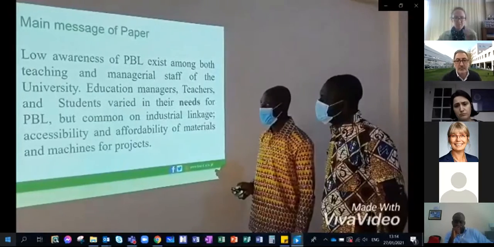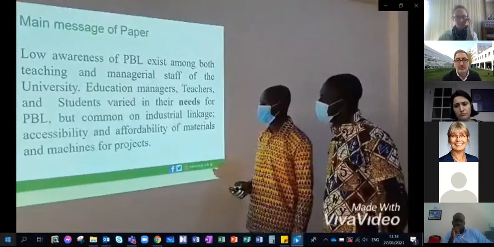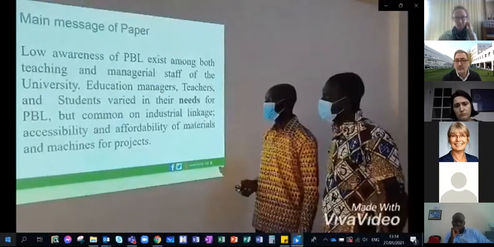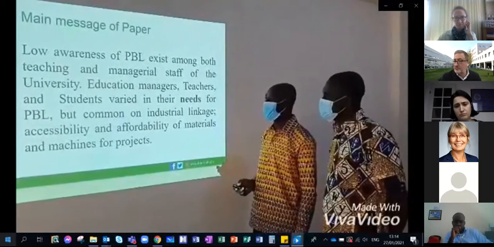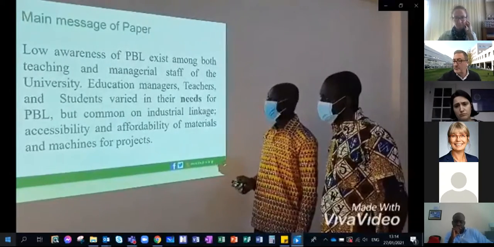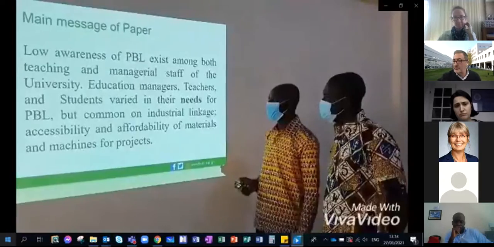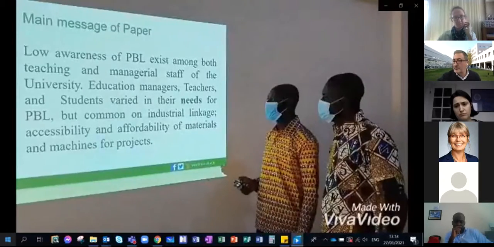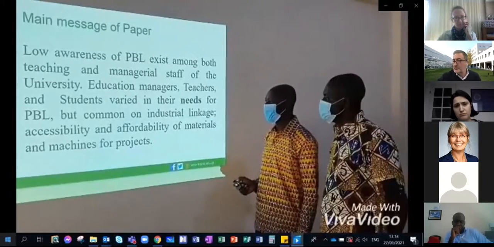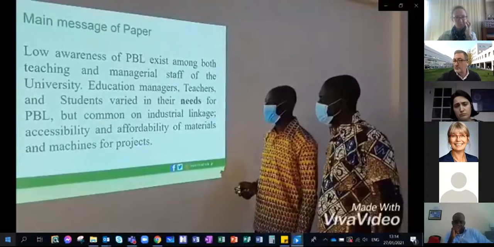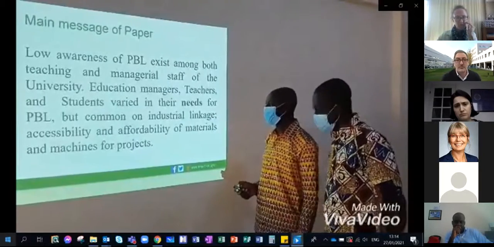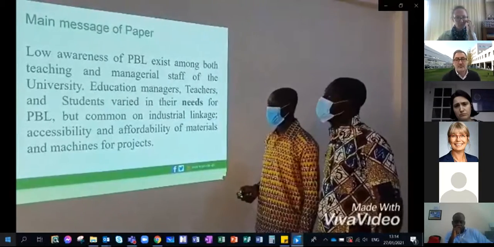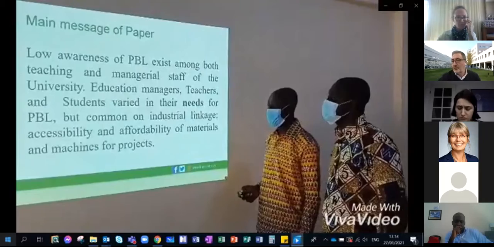Education managers, teachers, and students varied in their needs for PBL, but common on the needs are industrial linkage, accessibility, and affordability of materials and machines for projects.